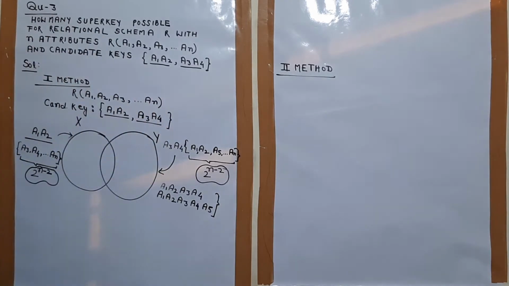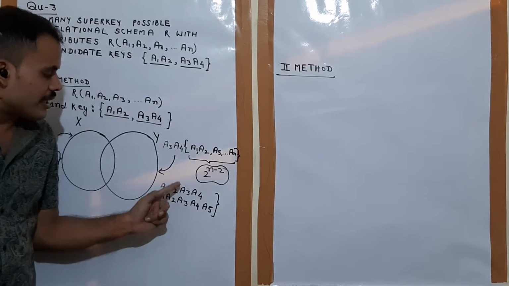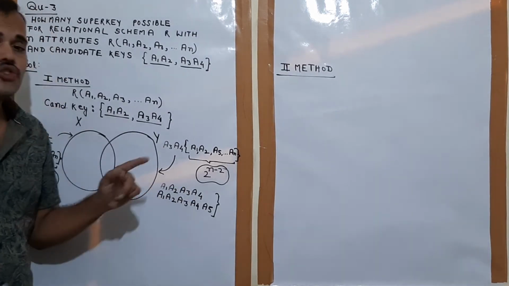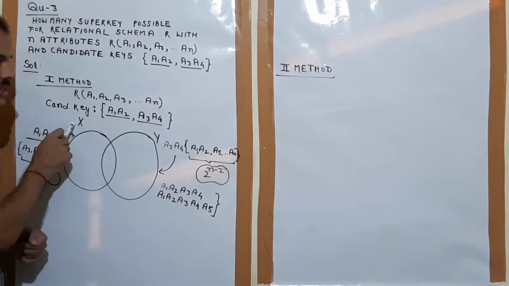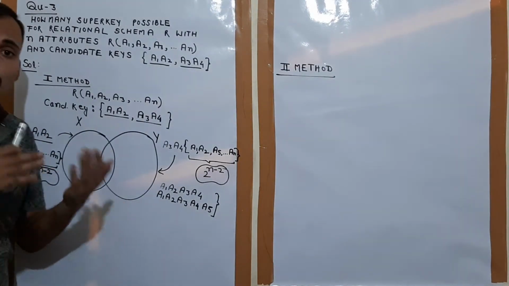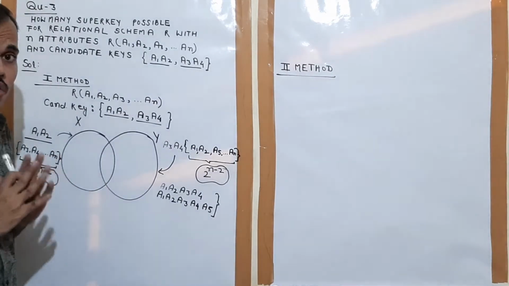Now see, A1, A2, A3, A4 is a super key which belongs to the set X and which also belongs to the set Y. Why is it possible?